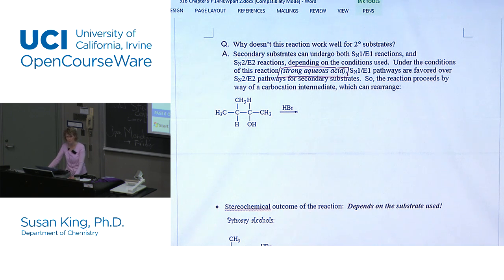It is faster to make a carbocation than it is to undergo backside attack. So the reaction proceeds by way of a carbocation intermediate which can rearrange. So now that we're alerted to rearrangements, we're going to have to worry about those happening. So let's go through this example here.